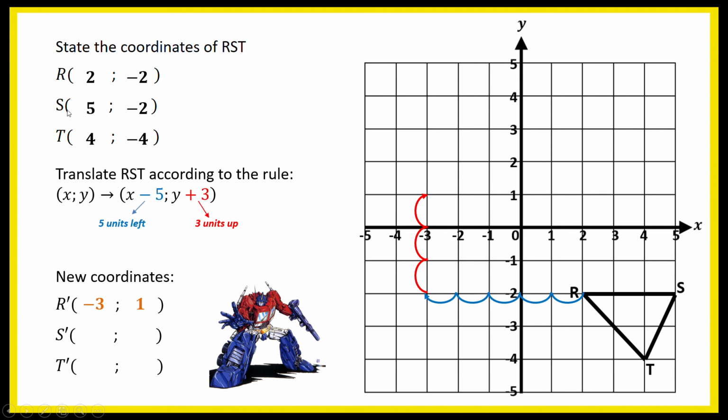So for S, I need to subtract 5, so 5 minus 5 is 0, and -2 plus 3 will give me 1. Same thing for T, I will get (-1, -1). So those are my new coordinates, R dash, S dash, T dash, and if I draw that on the Cartesian plane, there it is. Cool, that is how you work translations.